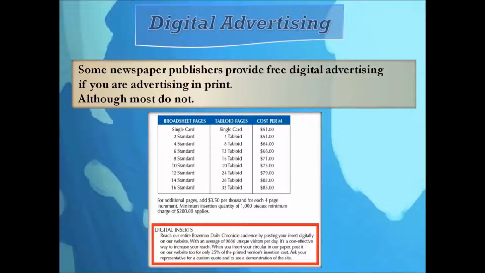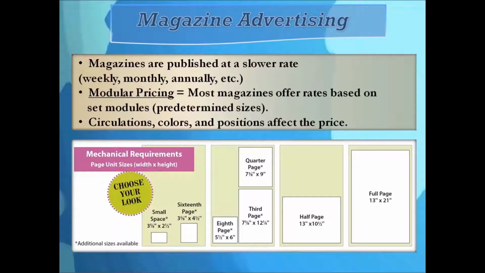Since we are on the topic of print advertising, I'm also going to touch a little bit on advertising in magazines. Magazines are published at a slower rate than newspapers. Some are published weekly, monthly, annually, and anything in between, and their rates are generally higher too.